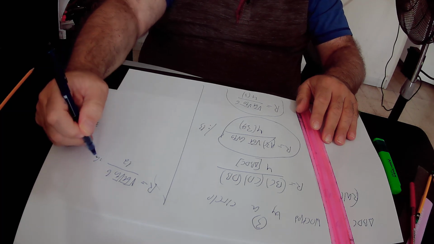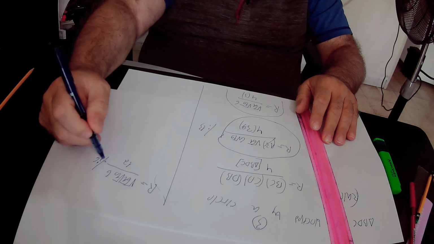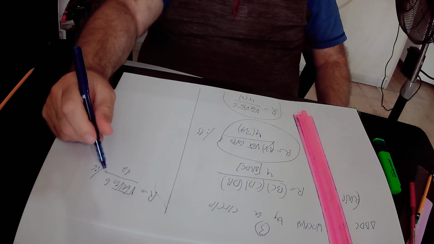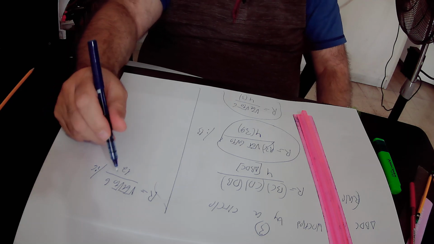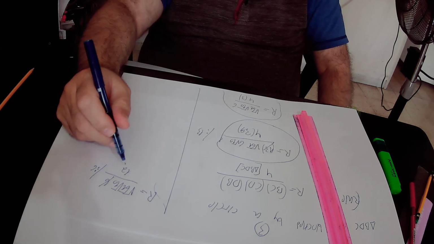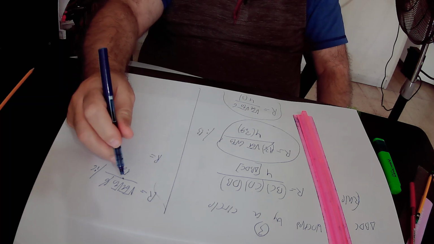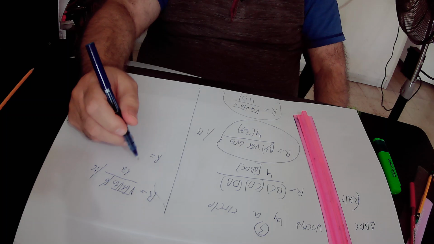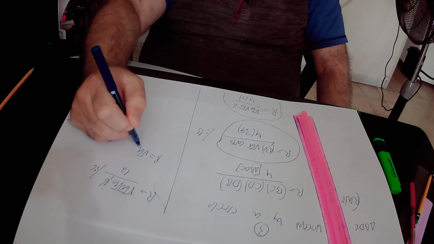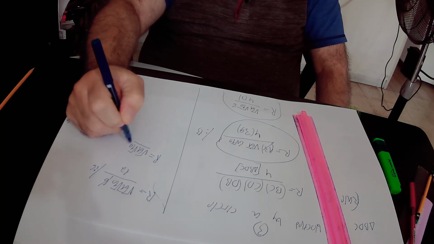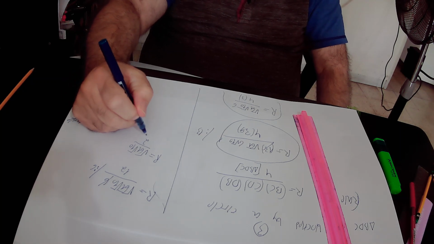Here we will divide both the numerator and the denominator of this expression by 6. In the numerator we have 6, so 6 over 6 is 1, so 6 will get cancelled. So we get that R equals, in the numerator we are left only with the square root of 61 times the square root of 10, because 6 got cancelled, over 12 over 6, which is 2.